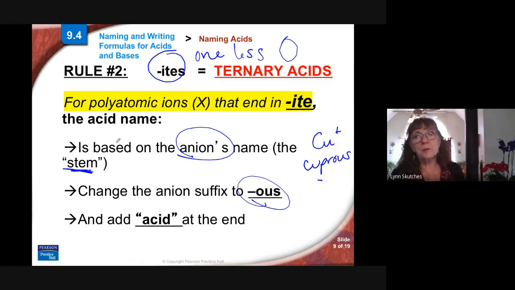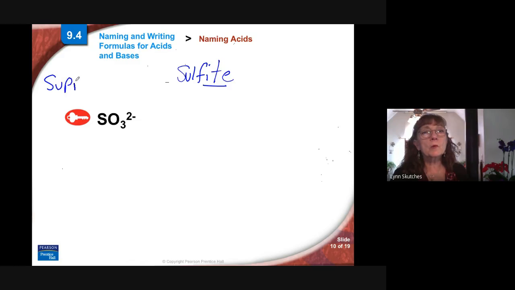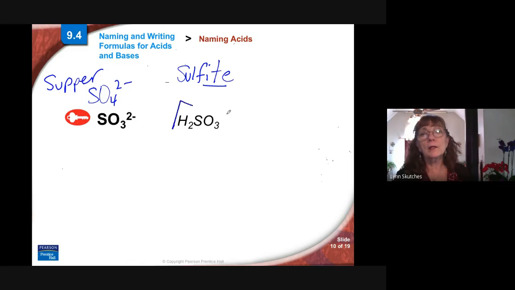So let's go through an example. SO3 2 minus is sulfite. Okay. Remember, if we do sulfur with one more oxygen, that gives us sulfate. They have the same charge, they have the same starting element, they both have oxygens. How do we distinguish them? The first thing that you can do is you can look at this acid.